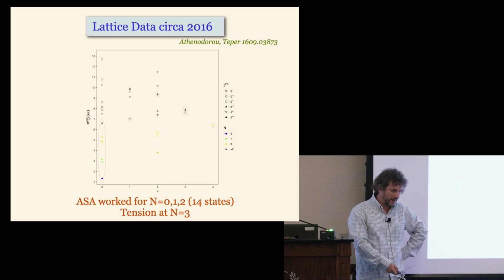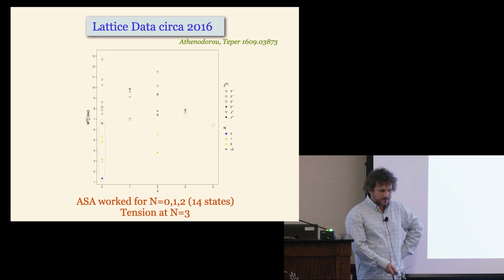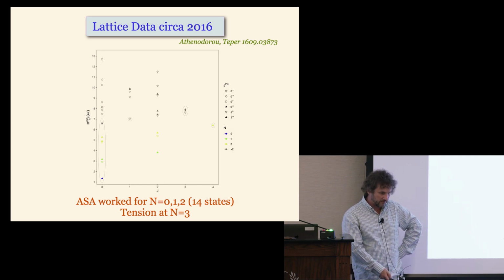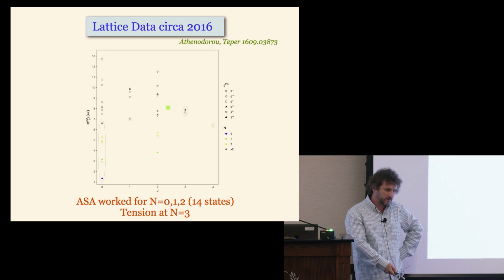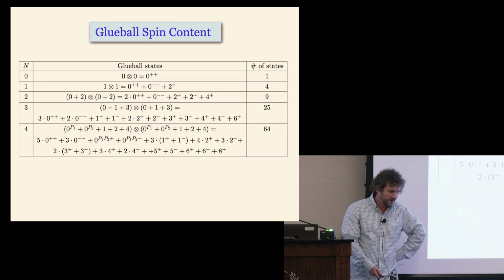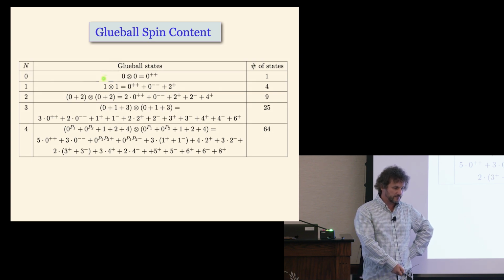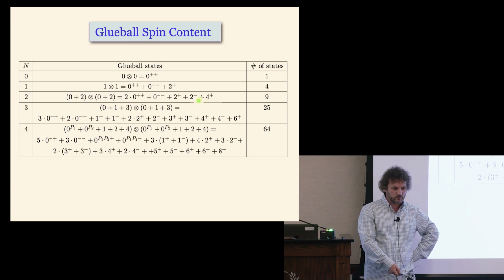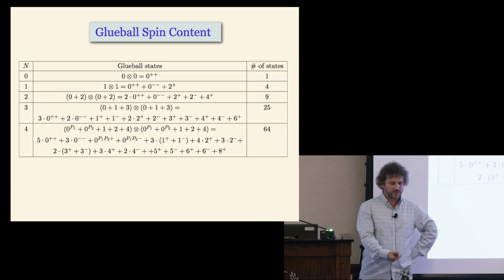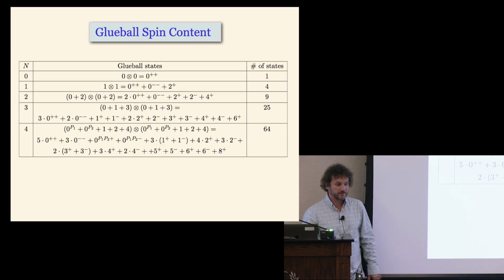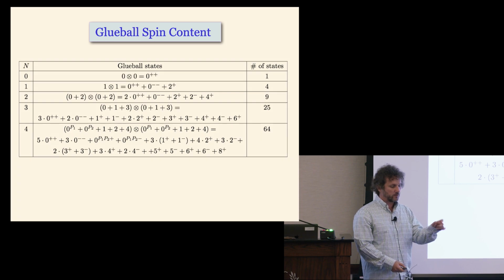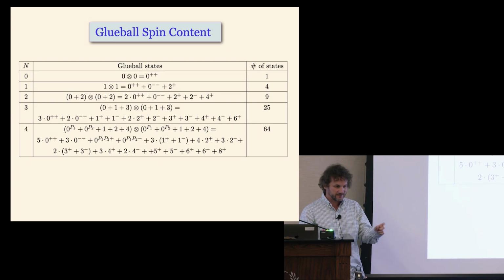And actually, for n equals 3 there was some tension, namely the circle states here. There is one spin 1 state and three spin 3 states. And if you look at our ansatz, we're expecting there should be two spin 1 and two spin 3. And there is a very general argument, at least following our logic, why odd spin states should come with opposite C parity.